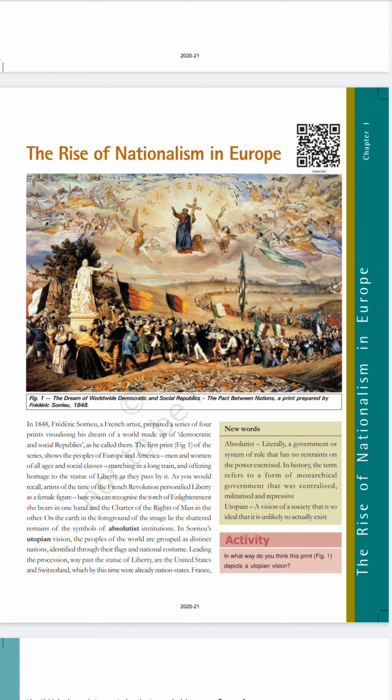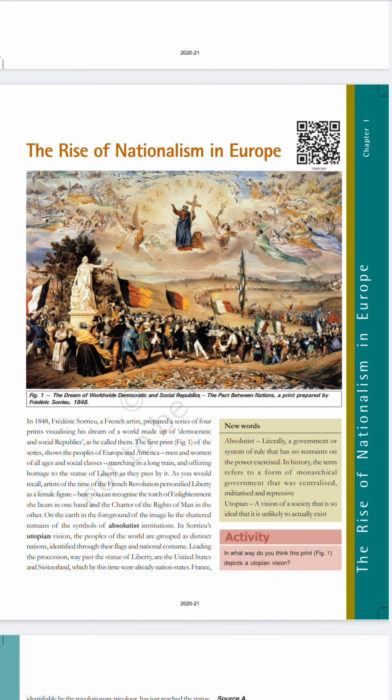In this picture you can see a crowd of people rallying, marching like a long train. According to the painter, it shows the people of Europe and America, men and women of all ages and all social groups.